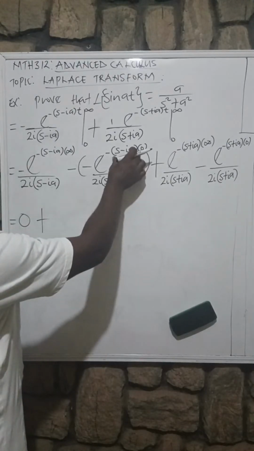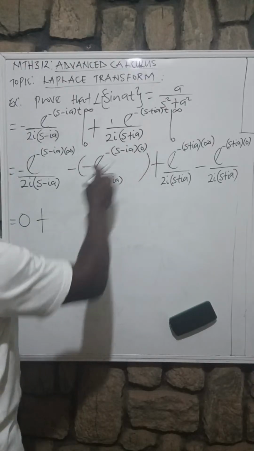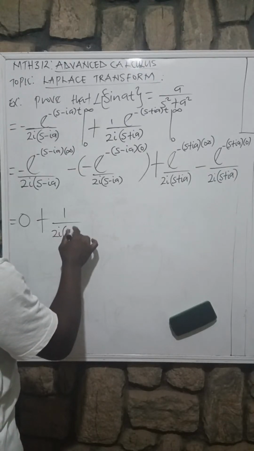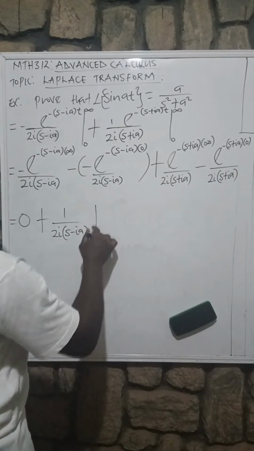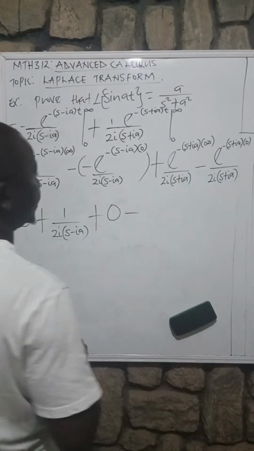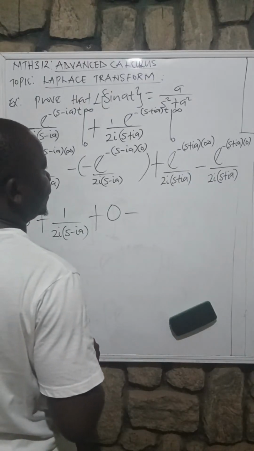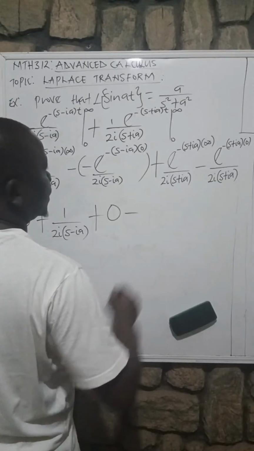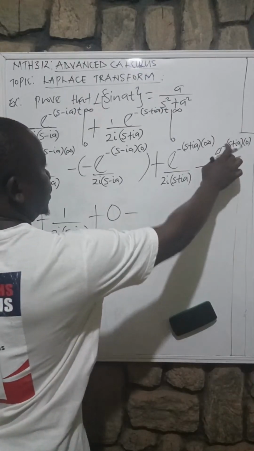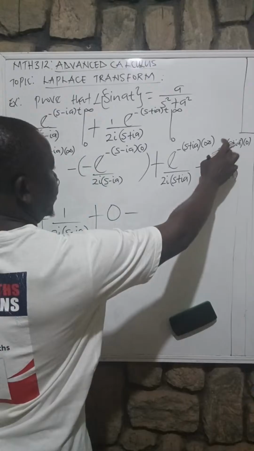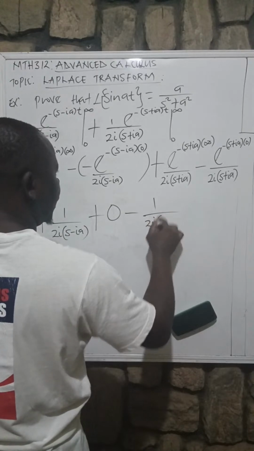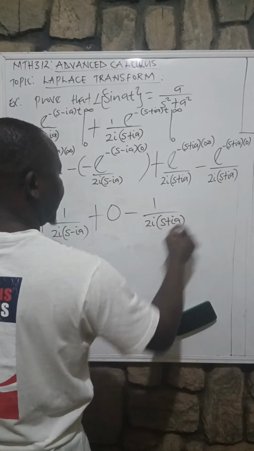Then here will be raised to power 0, and anything raised to power 0 is what? 1, all over 2i open bracket s minus ia. Then plus here, 0. Then here will be minus, yeah. Here will be what? Exponential raised to power 0, which is 1, all over 2i open bracket s plus ia.